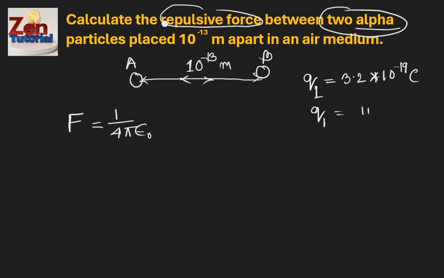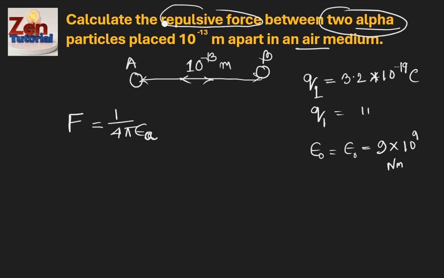Here another question is where these two particles are placed: either in air or vacuum or any other medium. Here it is air. Indeed, we could write epsilon air. Honestly speaking, the difference between epsilon naught and epsilon air is very tiny, so in this context we are taking 9 into 10 to the power 9.